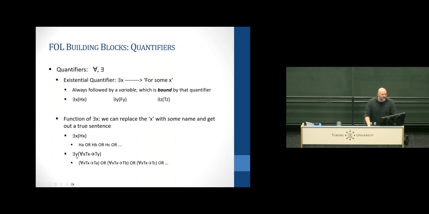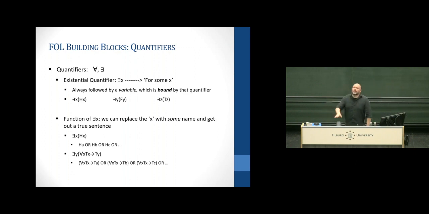It just says, hey, there's somebody you can plug in for Y that's going to make that sentence in the brackets true. So either we can fill in A and get it true, or we can fill in B or C or D, it doesn't matter. Again, we're going to talk about when they're true and false in a bit. Right now, it's just getting the grammar.